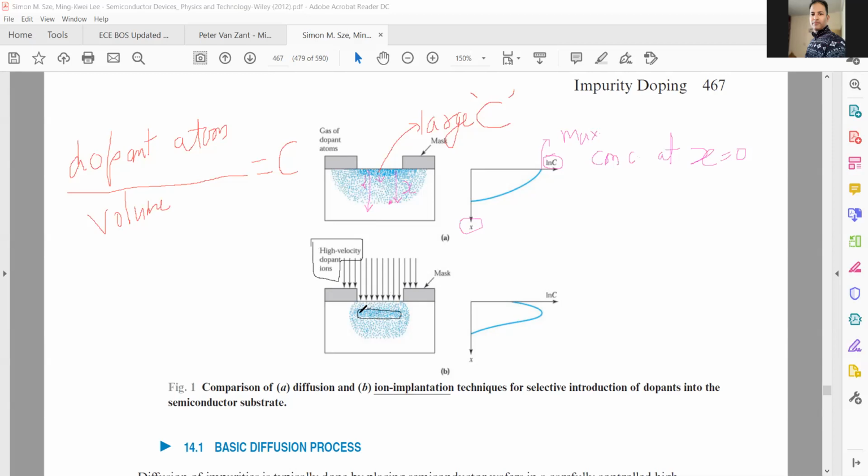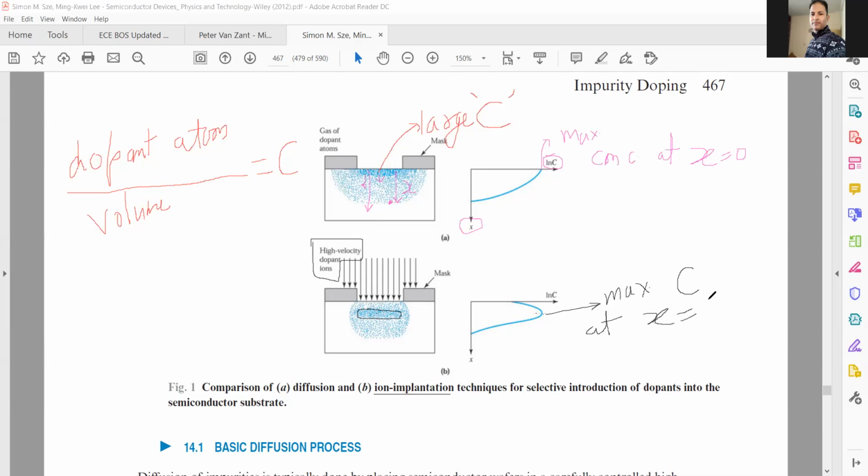Most of the ions are stopping at this depth, so at this depth the dopant concentration is maximum. For ion implantation, if we look at the concentration versus depth curve, we can have a maximum concentration C which is not necessarily at x equal to 0.